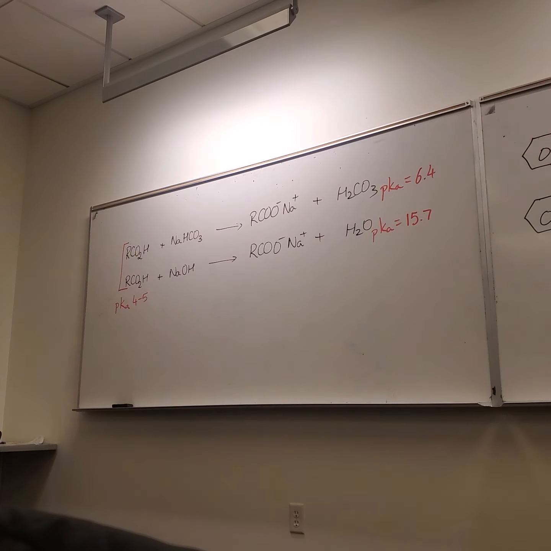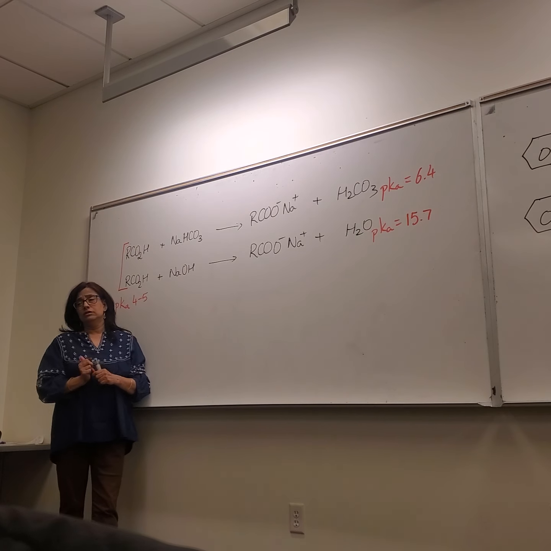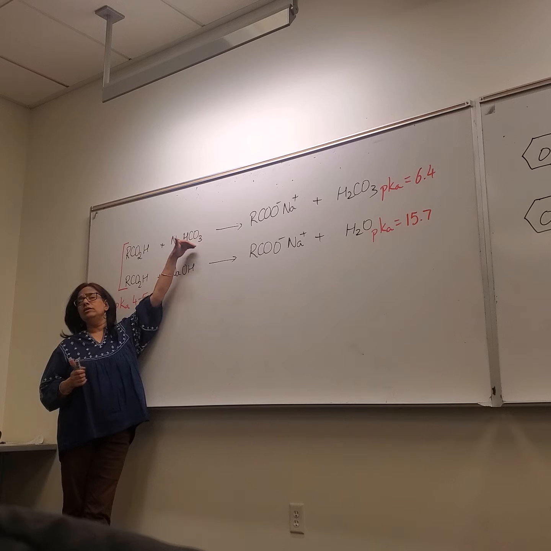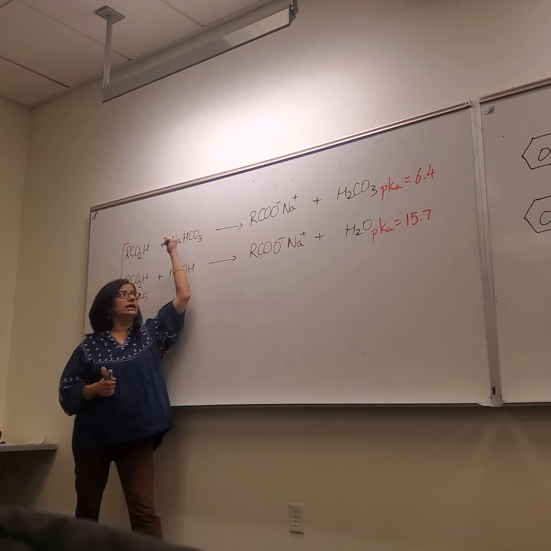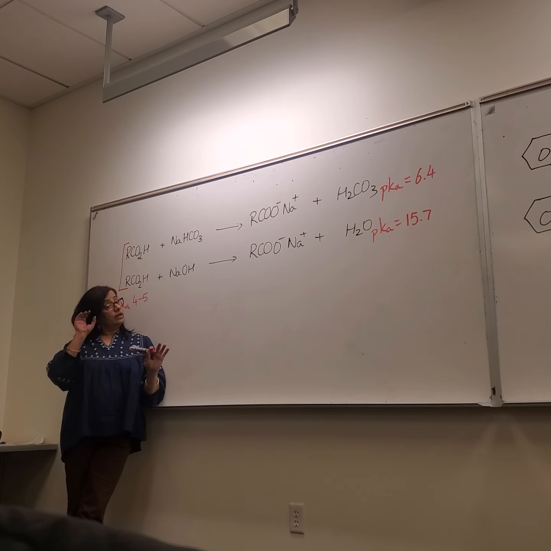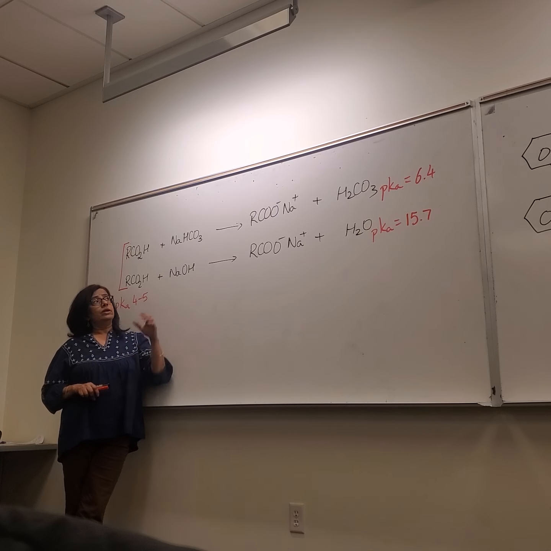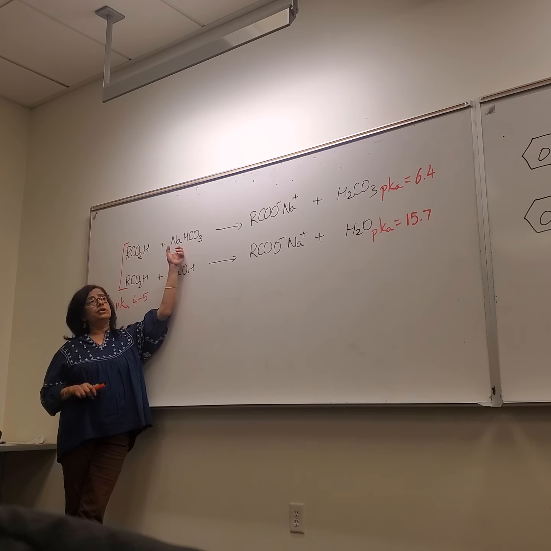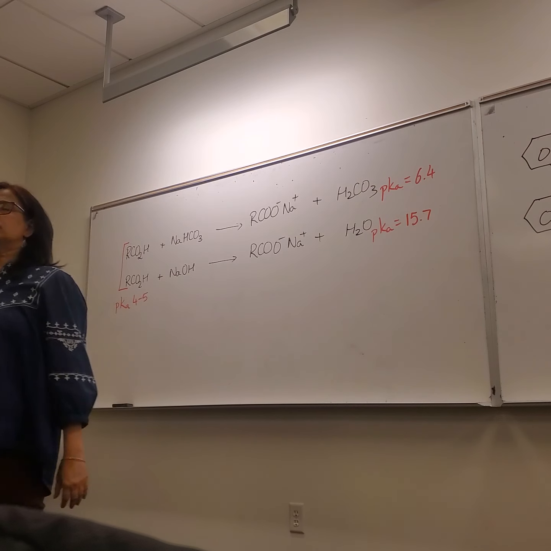Everybody okay? Here's the question I have for you. With those pKa values, can you tell me in which direction this equilibrium would be? Will it be in the direction of the products or the reactants? Slow down, think about it, then tell me. When carboxylic acids react with sodium bicarbonate, will the equilibrium be in the direction of the products or reactants?